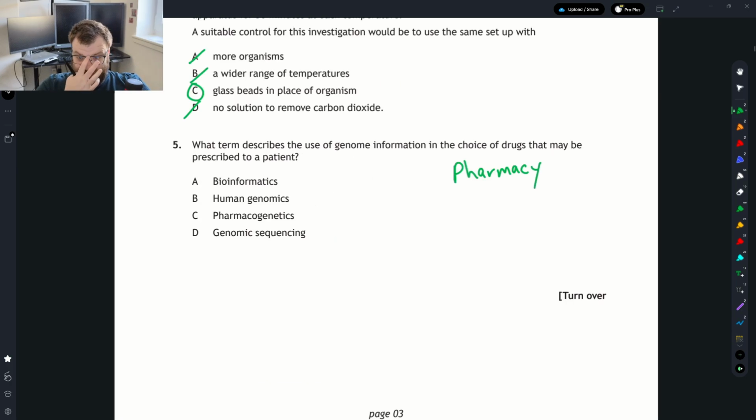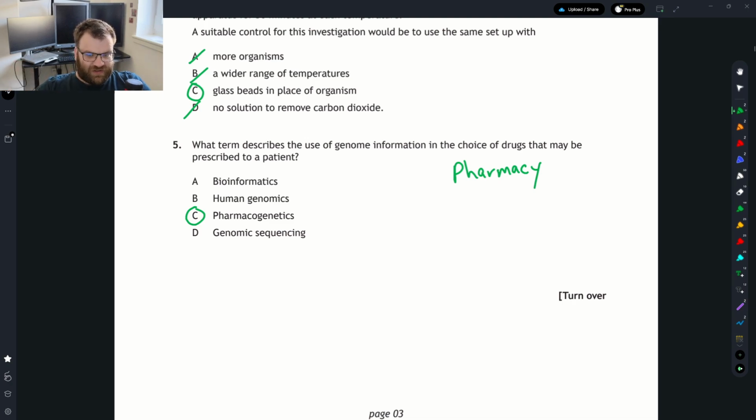For question 5, we're asked about personalised medicines and picking the most effective drugs for that patient. Pharmacies are places people go to get drugs prescribed to them. Pharmacogenetics would deal with that one. Bioinformatics is when you use computers to study and analyse the data from genetic information. Human genomics would be the study of the entire genetic material in a human, so the Human Genome Project.